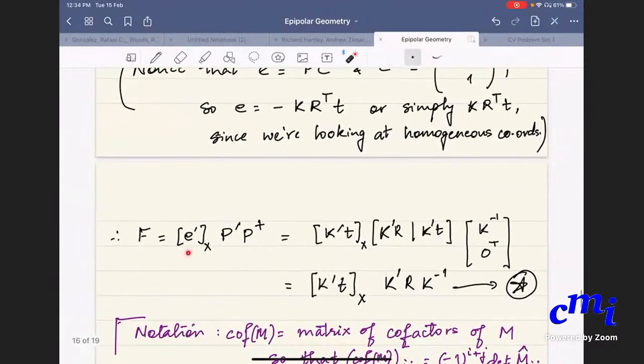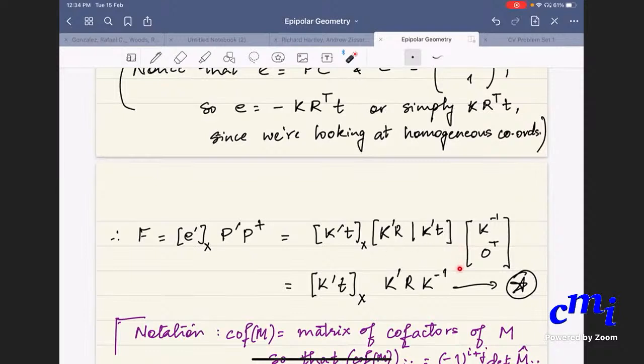We know the formula for F is this. Now we have found all these components. We know E prime is K prime T, so E prime cross is K prime T cross. P prime is [K prime R | K prime T]. And P plus, this pseudo inverse, is K inverse and 0. I have just simplified this expression.